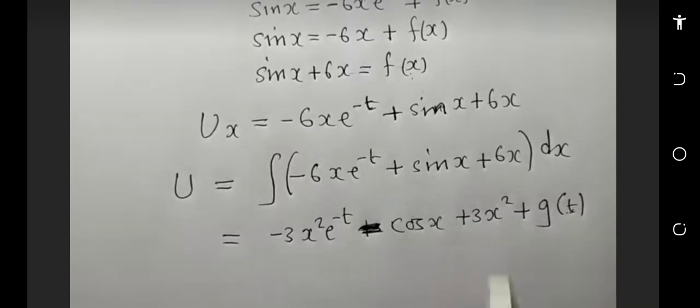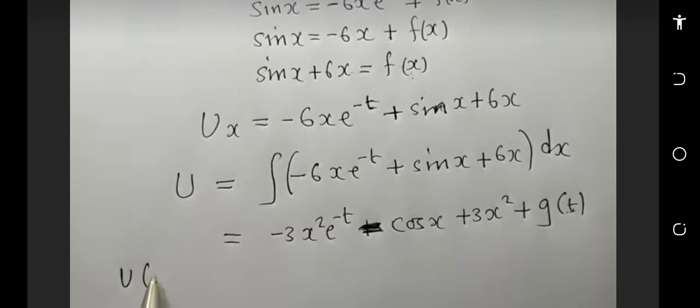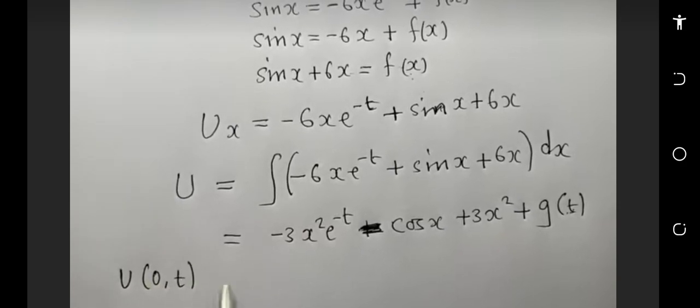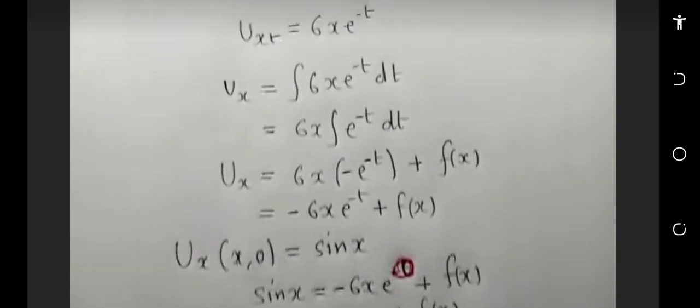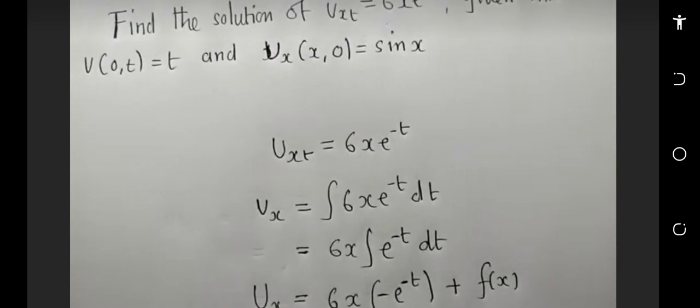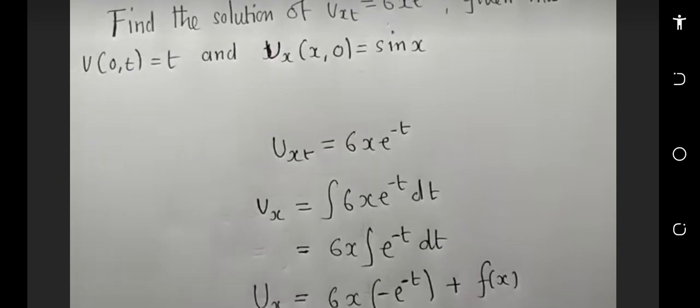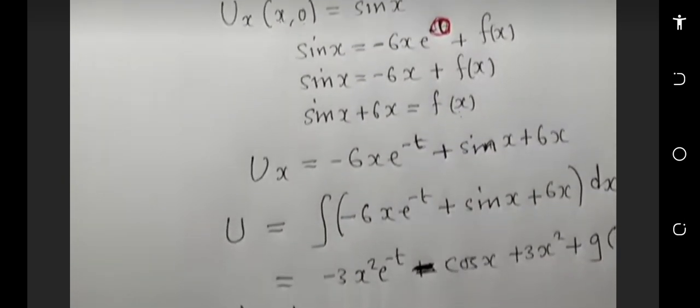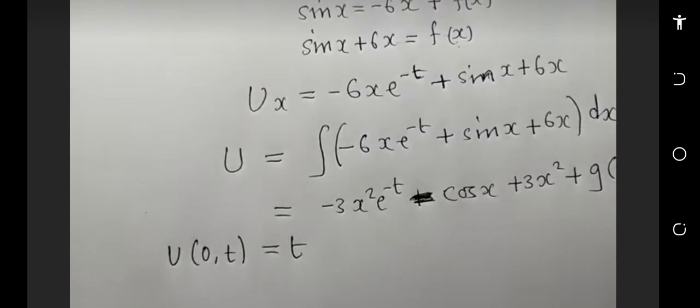Now we need to get the value of g of t. This one. So for us to get g of t, we'll come to this condition. It's in the question. I'll show you this condition. Okay? So this condition we've been given right here. You can see it, it's over here. So what we're going to do with this condition is just to do what we did with sine.